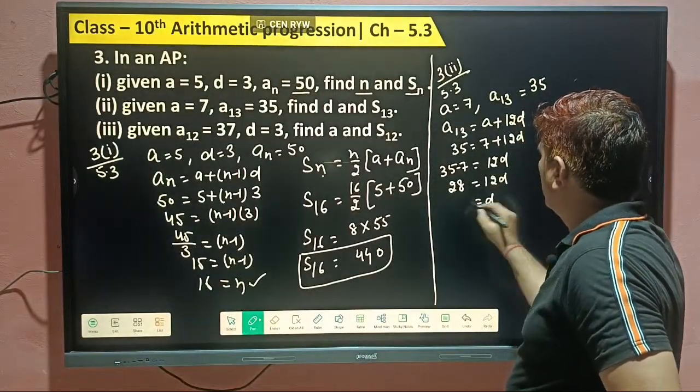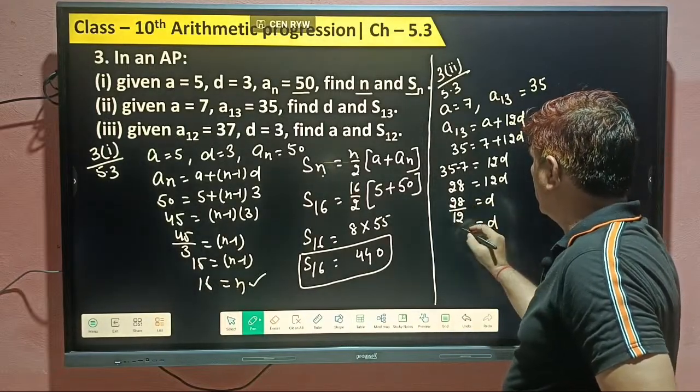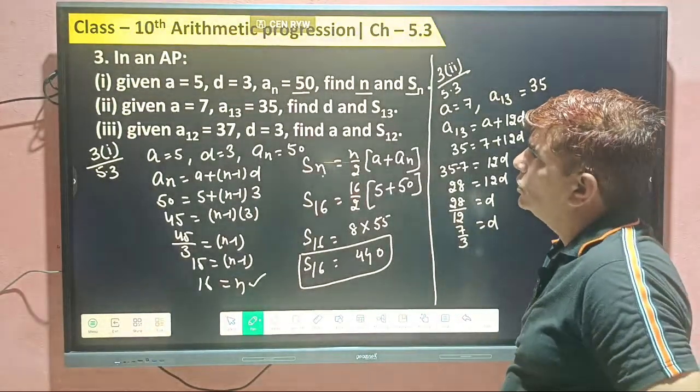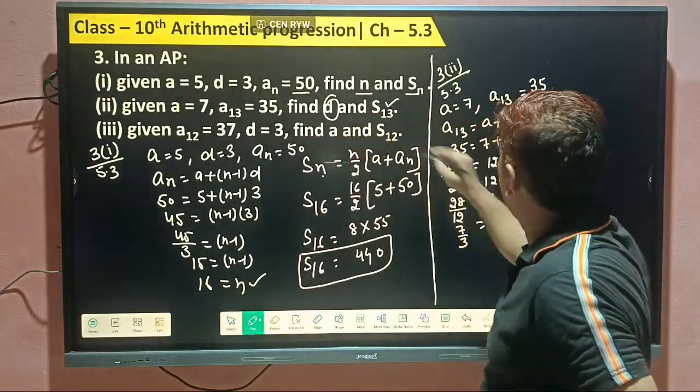And what's your D? 28 by 12. Cancel out. So D equal to 7 by 3. Got it?